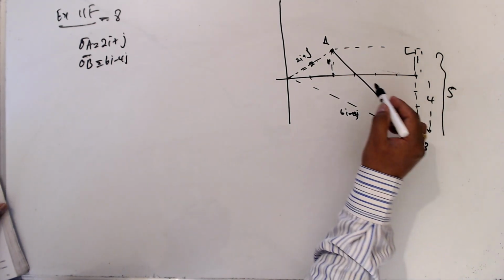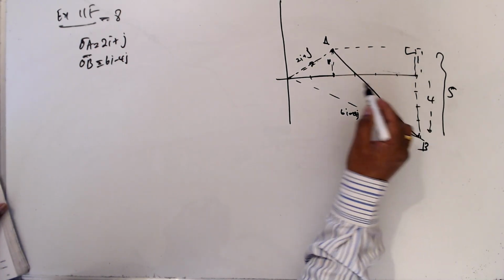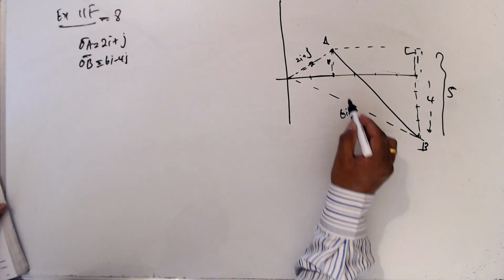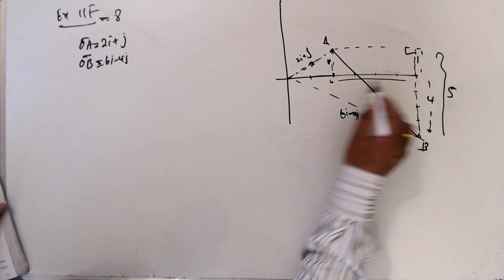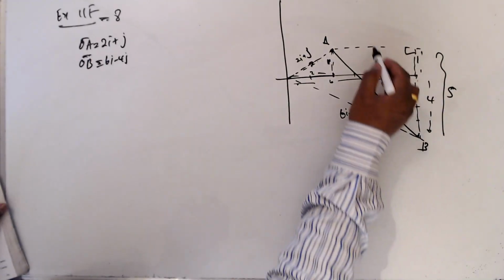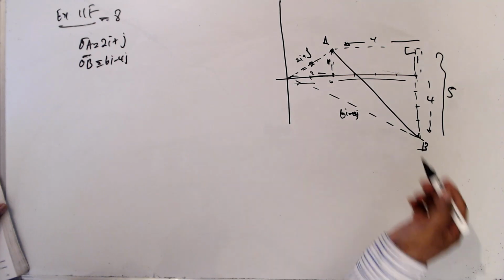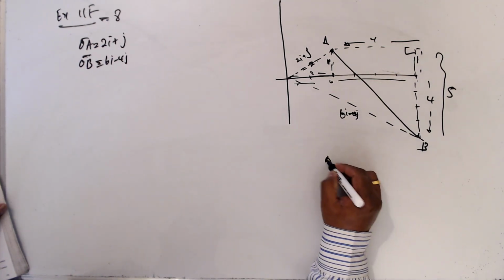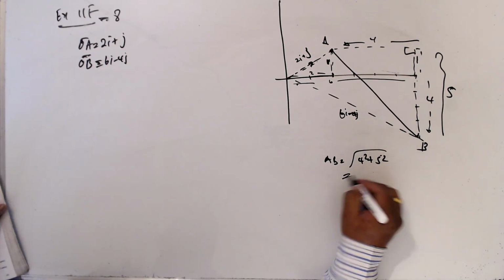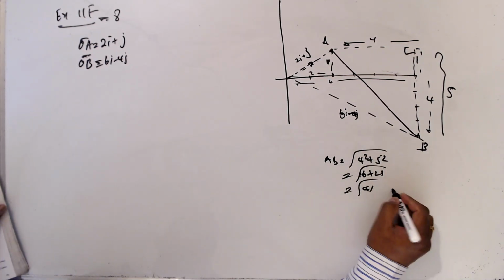And this length is 4. From Pythagoras, AB is square root of 4 squared plus 5 squared, square root of 16 plus 25, square root 41.